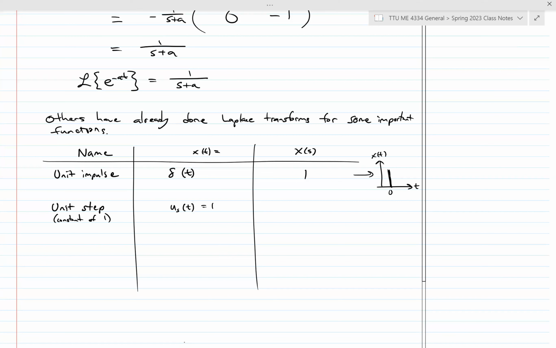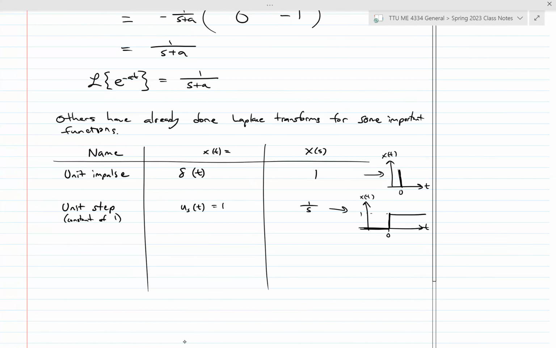But we could also just say it's just 1 in this case. Laplace transform for a unit step is 1 over s. All right. What a unit step looks like is that before time is 0, it's nothing. And then we step up 1 unit to a value of 1. All right. That's where it gets its name from.